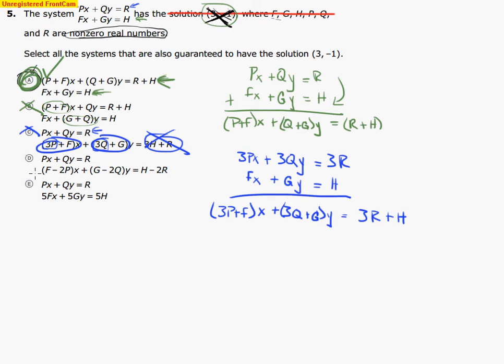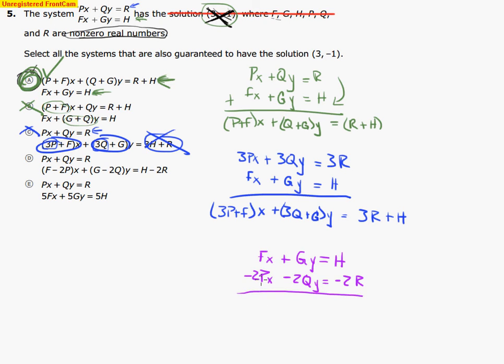This one's going to be the same thing as the first one and the second one, but this time I'm going to do a minus 2. So I'm going to take my fx plus gy equals h, and now I'm going to do minus 2px minus 2qy minus 2r. I took this top line, the PQR line, and multiplied by minus 2 all the way across.